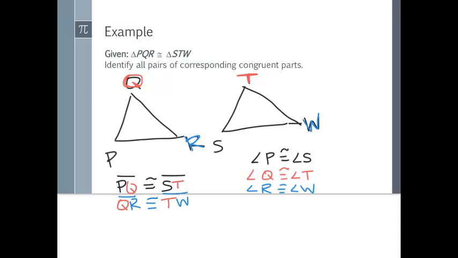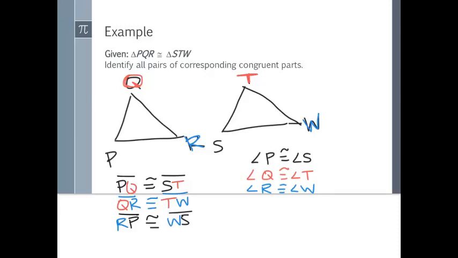I can't call that side WT. Notice the colors here. I'm listing them in corresponding vertex order. And then finally, side RP is congruent to side WS.